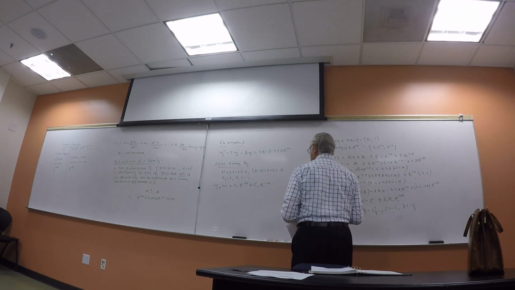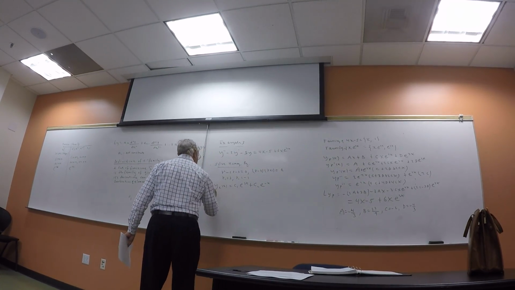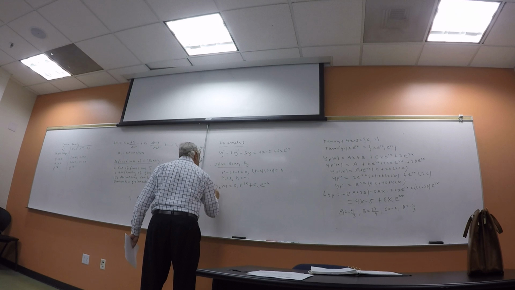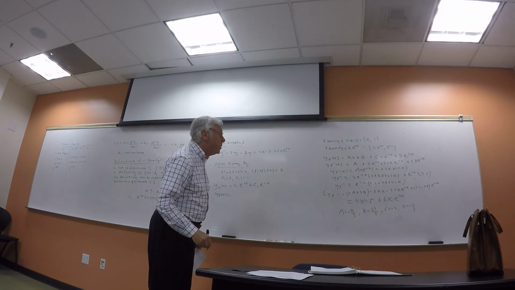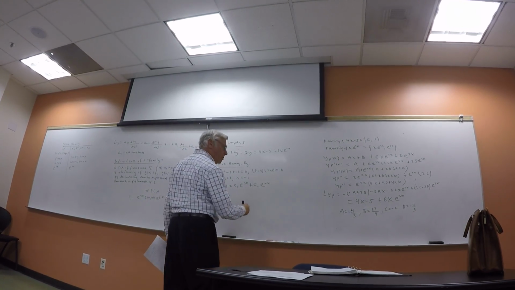So finally, we can write the particular solution, y sub p of x. Just plug in your coefficients. What do I do for yp of x? ax plus b, so that's -4/3, right?